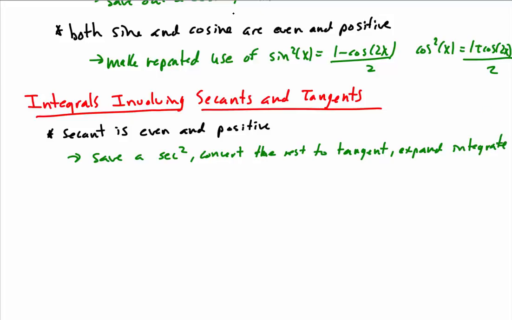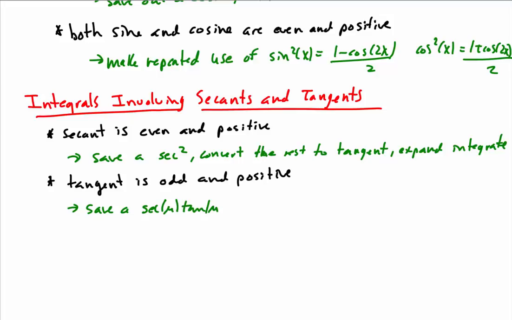Okay, now what if tangent is odd and positive? If tangent is odd and positive, what I can do here is save a secant tangent. We didn't see one like this. So save out a secant tangent.